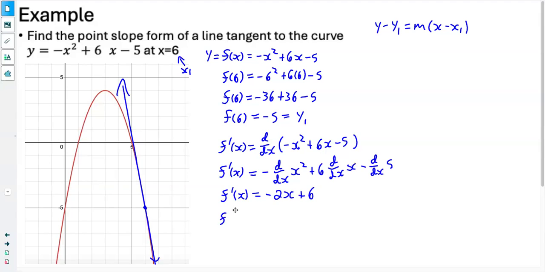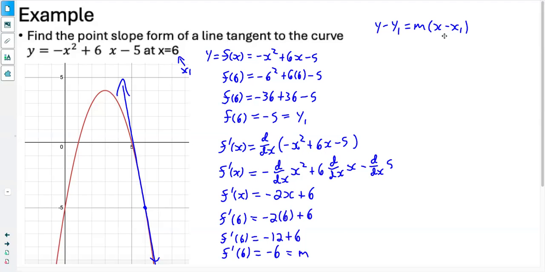So we want to find our slope when our x is 6. So we're looking for f prime of 6. That's going to be negative 2 times 6 plus 6. So that's negative 12 plus 6. So f prime of 6 is equal to negative 6. That's telling us our slope at this location is negative 6.